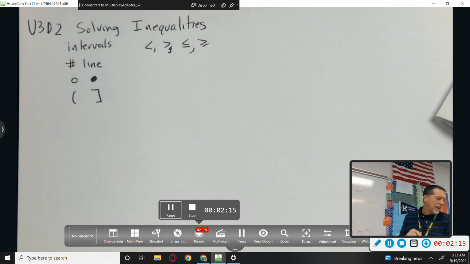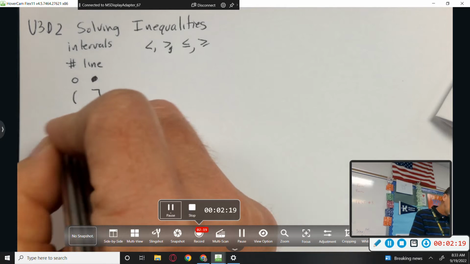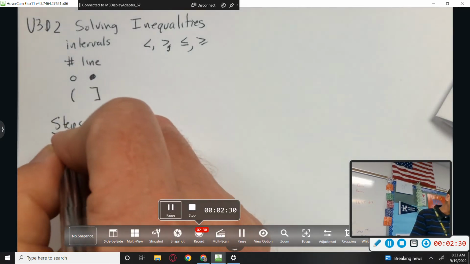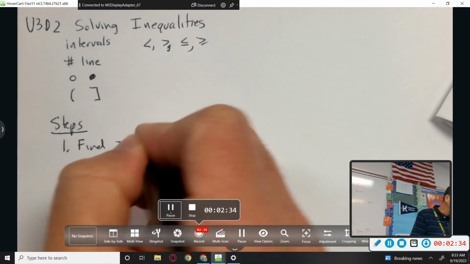Give them the benefit of the doubt. All right, so here's the steps that we'll follow today to solve inequalities. Because I don't know that you've solved this type before, so we may do this a little bit different than you've done before. First step will be to find the zeros.